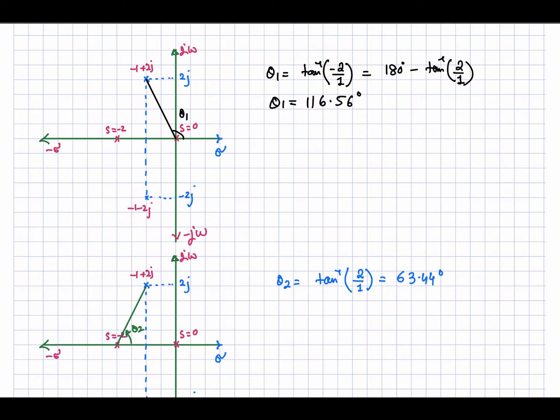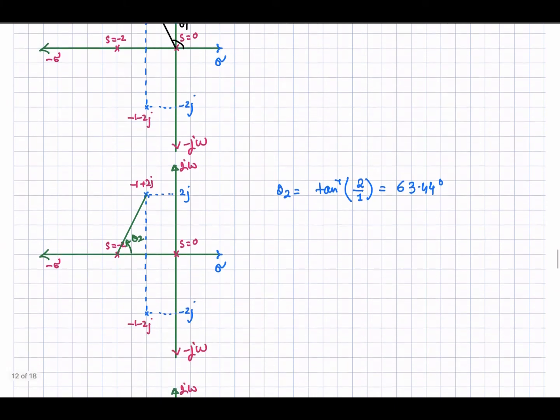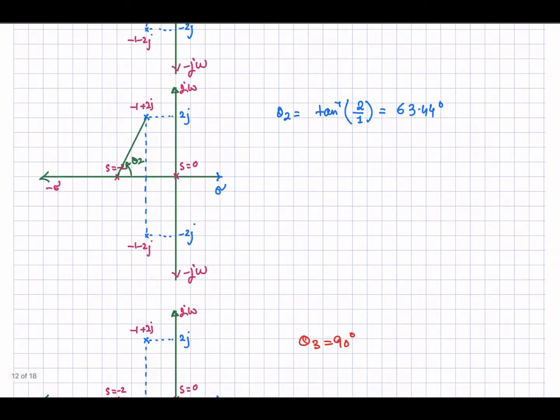Because of this minus, I can write it like that, 180 degrees minus tan inverse of 2 by 1, because basically I need this angle. So this angle comes out to be 116.56 degrees.